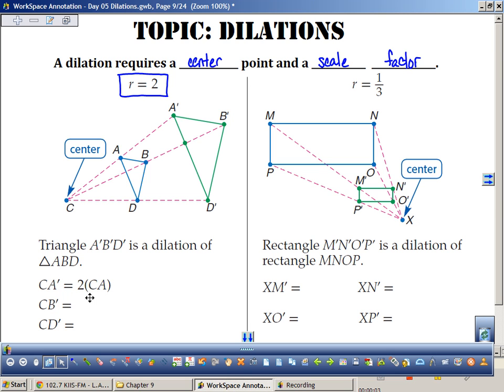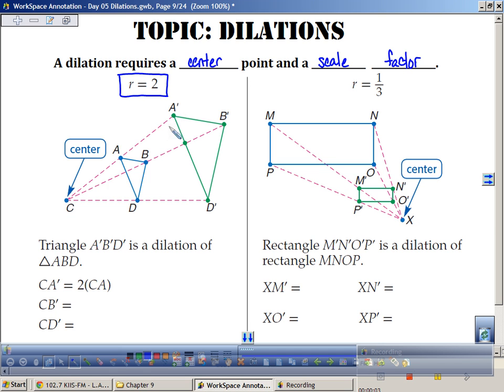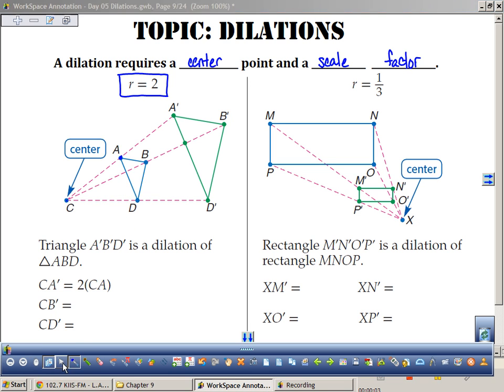2 CAs. So the distance from here to here is going to be twice as big as the distance from here to here. Make sense? They are, which ones are congruent?